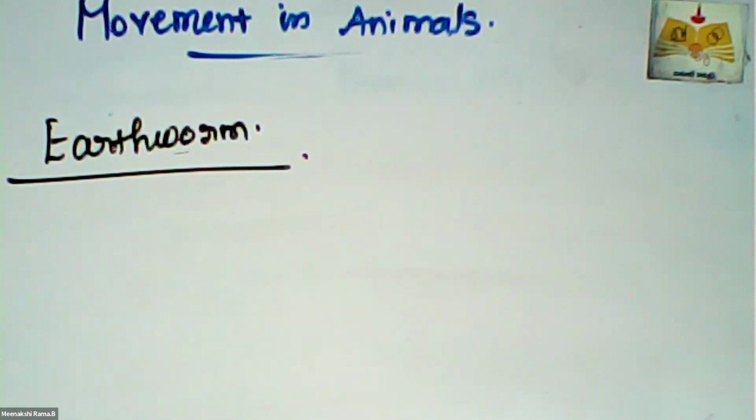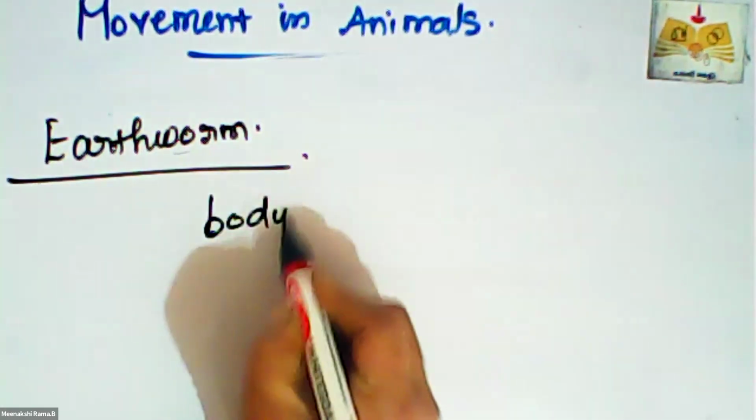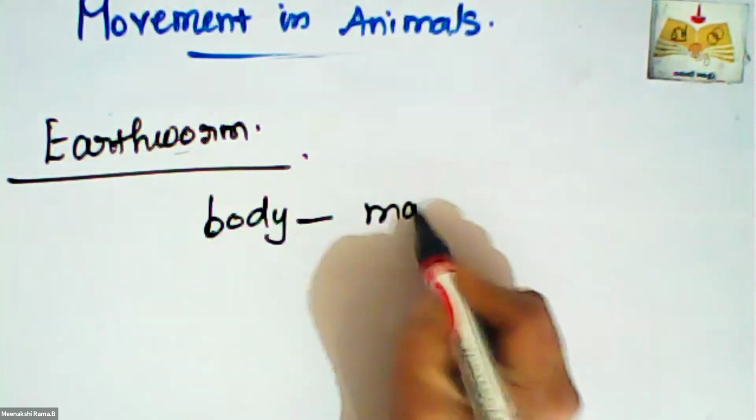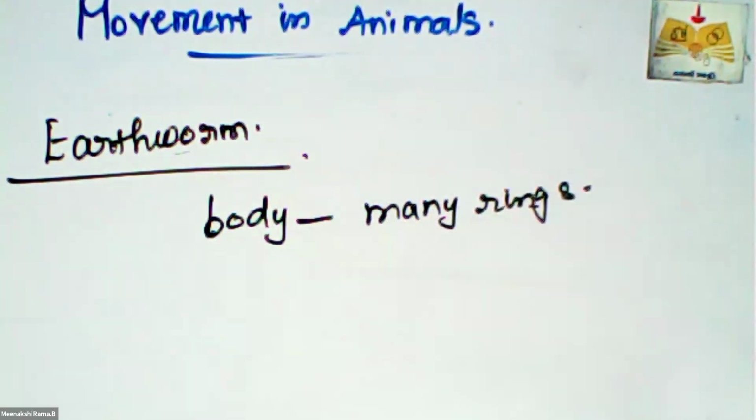First one is the earthworm. The body of the earthworm is made up of many ring-like structures, joined end to end.